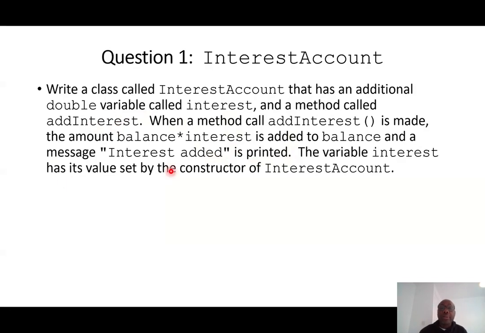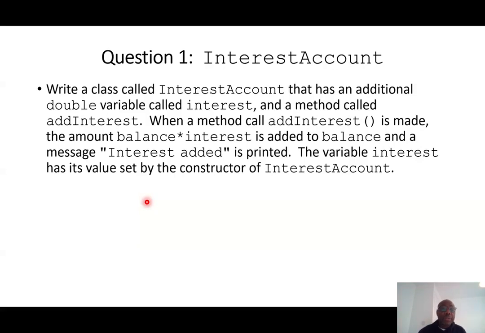So question 1, interest account. Write a class called interest account that has an additional double variable called interest. Remember, we have a variable called balance. So you should improve on it by putting another double as interest, and a method called add interest.